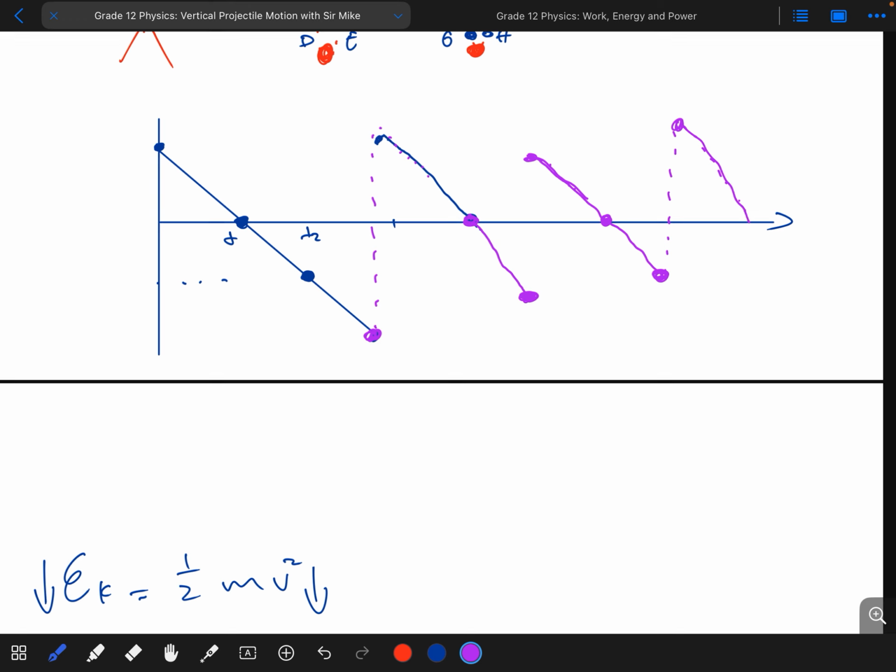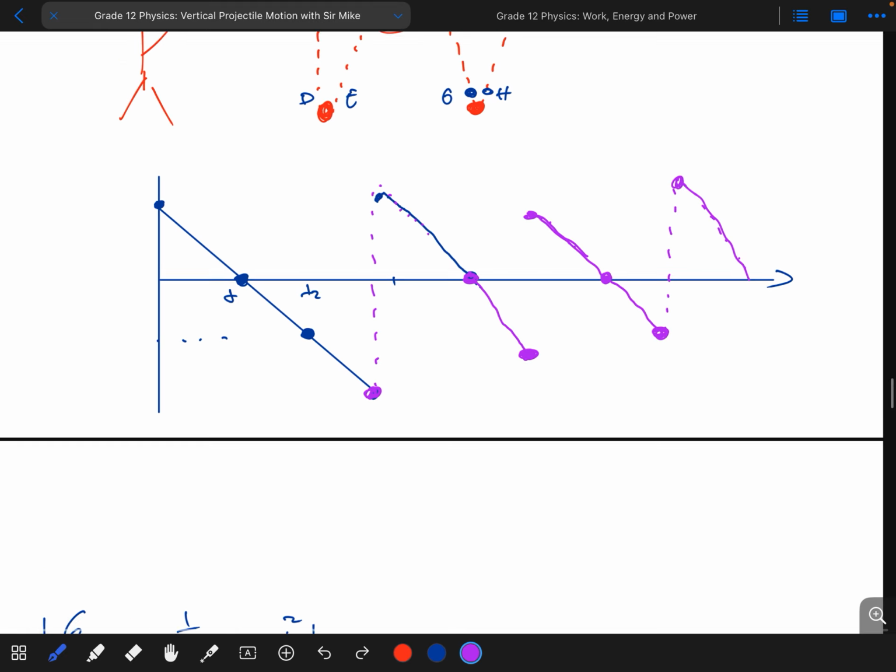These dotted lines simply represent the time taken over which the object was in contact with the ground. We represent it with the dot to show that at that particular moment, we are no longer in free fall. There's another force that is now acting on the object.